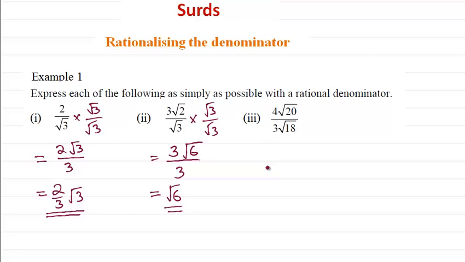Here first we can simplify it. 20 is 4 times 5, so that can be written as now 2 times 4 is going to be 8. This is 9 times 2, 3 comes out, so this is 9 root 2. Now you multiply top and bottom by root 2.